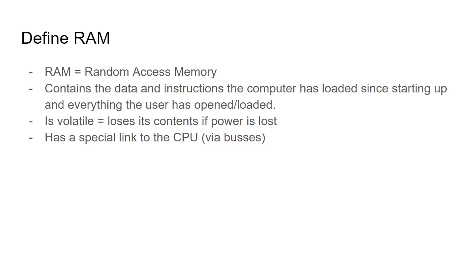RAM is volatile. This is one of the important points, the difference between RAM and ROM. RAM is volatile. That means if it loses power, all the contents in RAM are lost. That is one of the key differences.